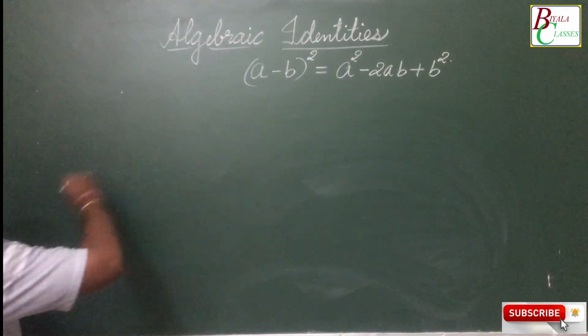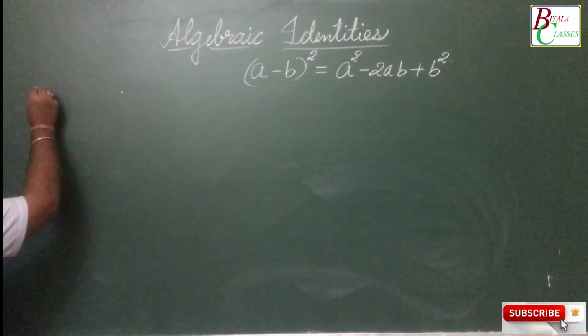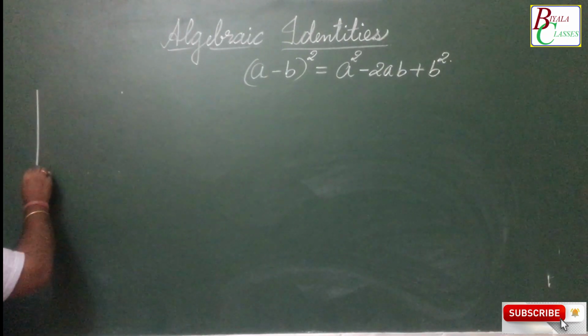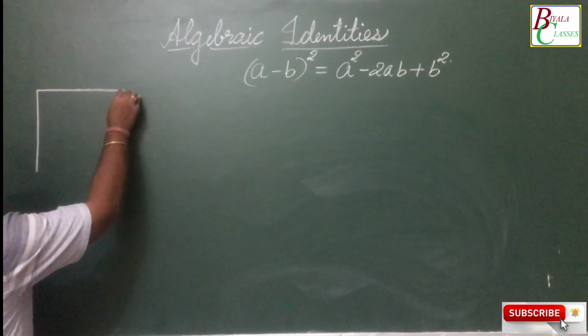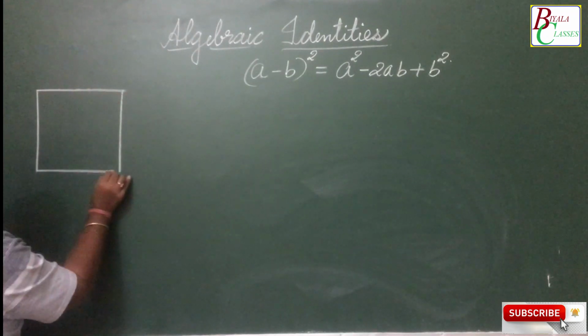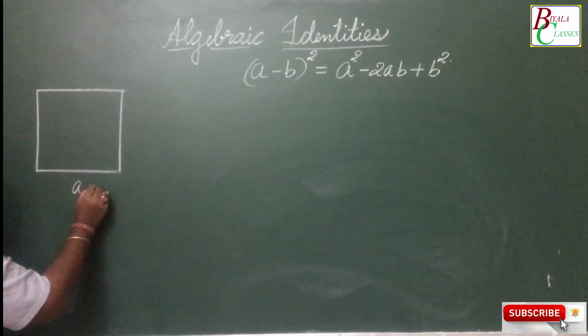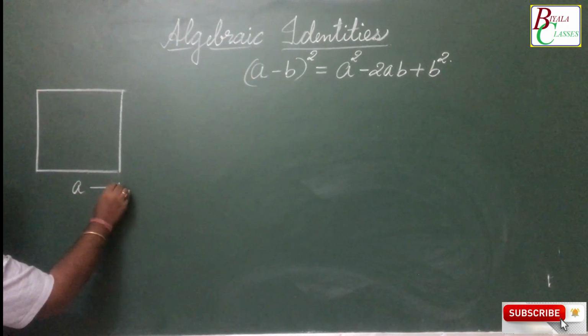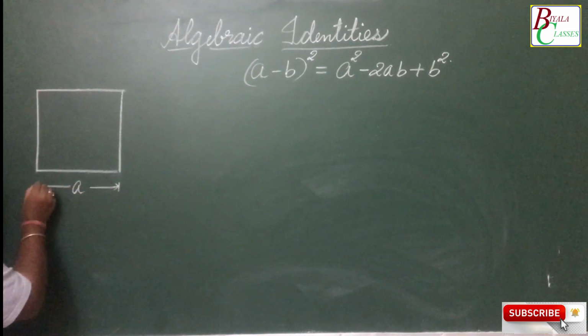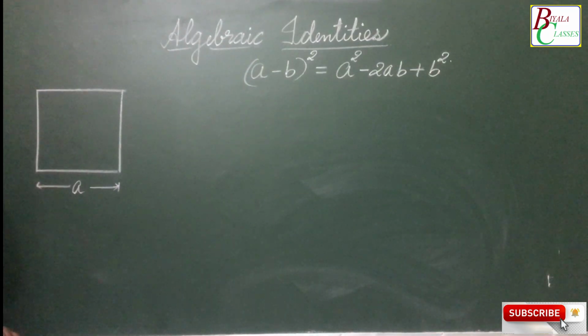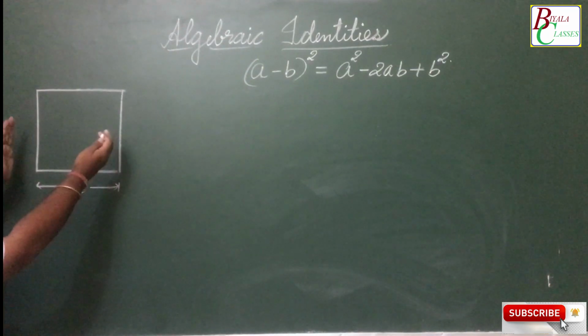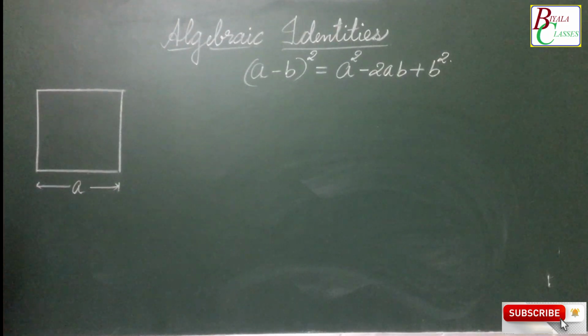Same as we did for (a plus b) whole squared, let's have a square whose side is a. So this is a square with side a.